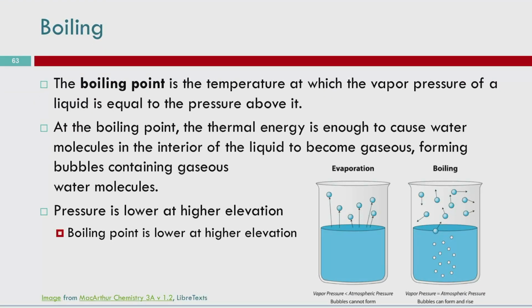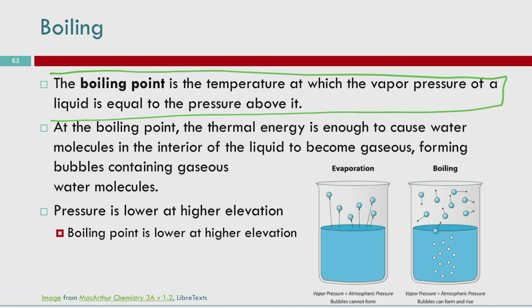One of the other phase changes, so we've talked about evaporation and condensation. Boiling is a process of evaporating, but it's a specific type. The boiling point is the temperature at which the vapor pressure of the liquid is equal to the pressure above it.